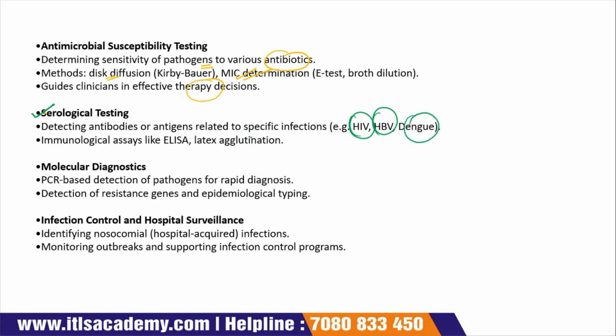For this, we apply techniques like ELISA and latex agglutination. Then molecular diagnostic techniques like PCR to detect the pathogen for rapid diagnosis, to detect resistance genes or for epidemiological typing.